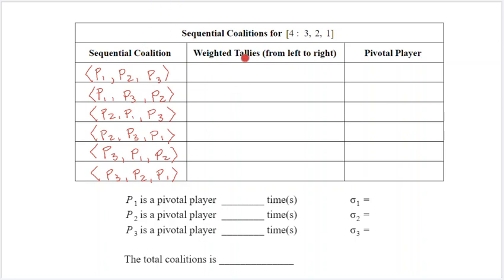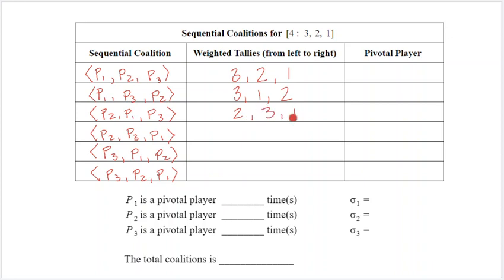So now we are going to write down the votes going in this order. So if we go player 1, 2, 3, we have 3 votes for player 1, 2 votes for player 2, 1 vote for player 3. So for the second coalition, I have 3 votes for player 1, 1 for player 3, 2 for player 2.